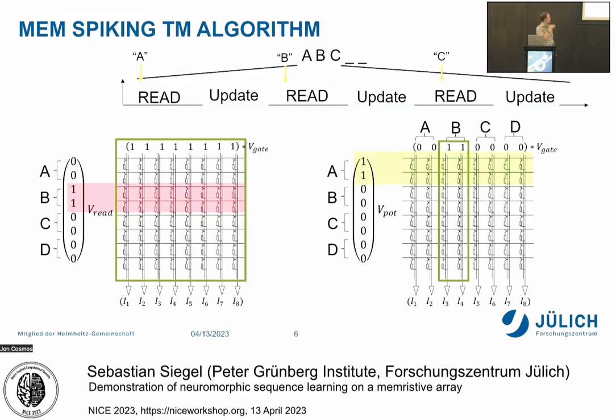Then in the update phase, currently spiking neurons, so if we are in this time step here, the neurons in B, will open their transistor gates, and the previously spiking neurons, in this case all neurons belonging to A, will send an update pulse, leading to a strong increase of the conductance exactly here at the intersection of both signals.